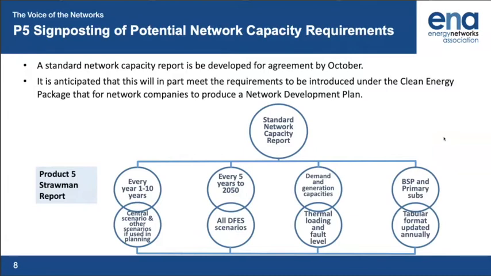We're probably not going too much into the detail of voltage at this stage. So recognizing that it's probably going to be a fairly high level report focusing on thermal and fault level. And then in terms of coverage, focusing on bulk supply points and primary substations with some sort of tabular format used.